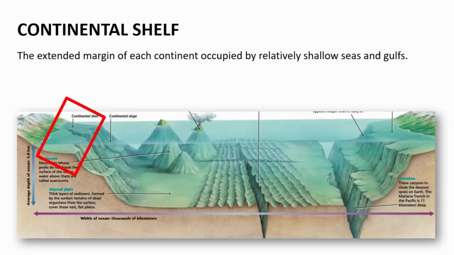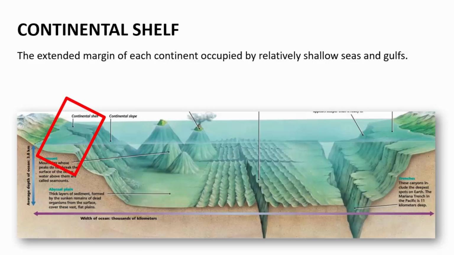Now let us start discussing each of these features. First of all, we will start off with the major relief features like the continental shelf. Now, with this single feature, I'll be explaining all these features. This particular image that you can see over here is not on the basis of any scale, and this is just an imaginary picture.